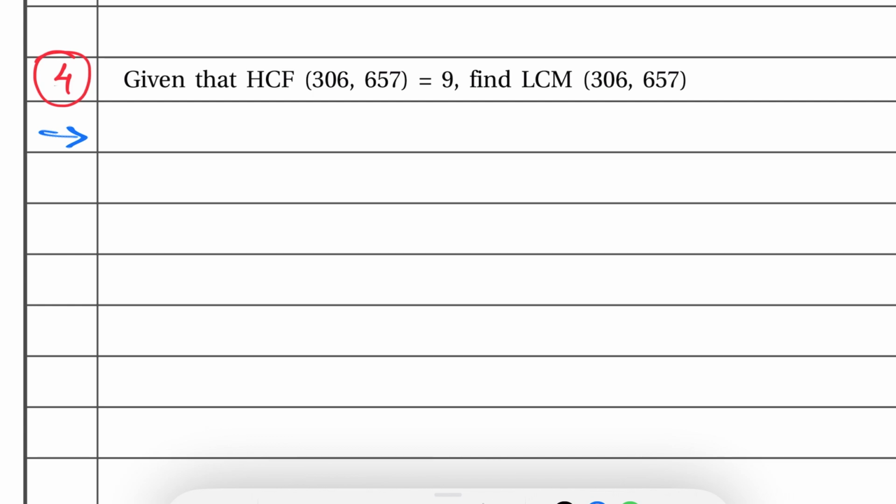They gave you HCF is 9 and we need to find LCM, right? Here, if you see, we use the fundamental theorem of arithmetic. I am writing the formula.